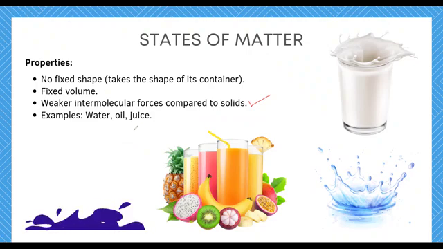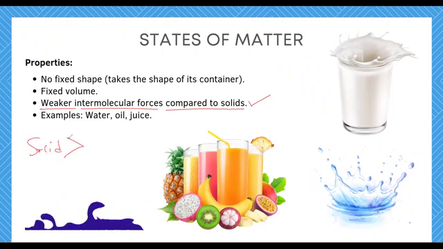Good. Good. So let me explain a bit further. So this property says liquids have weaker intermolecular forces compared to solids. What we simply mean is that the forces that hold the particles of a solid together are far greater than the forces that hold the particles of a liquid together.